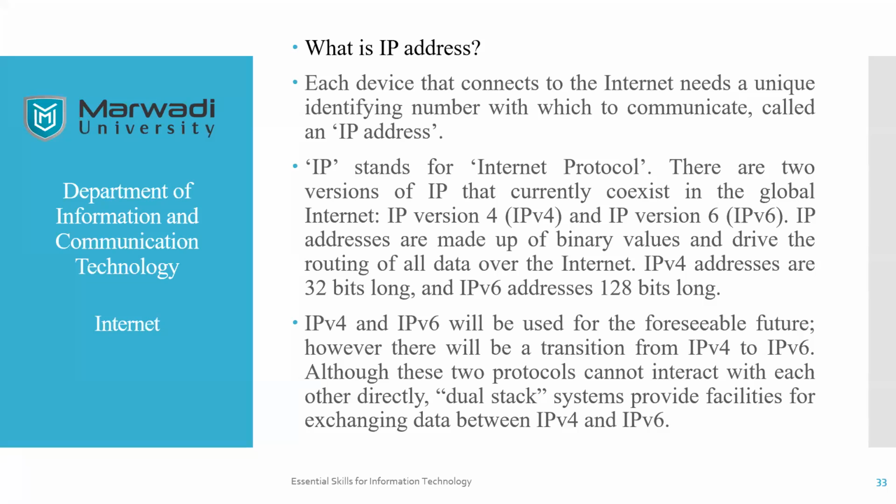So each device contains a unique IP address. IP stands for Internet Protocol. There are two versions of IP address currently existing on the global internet. The first version is IP version 4, or IPv4, and the second version is IP version 6, also known as IPv6.